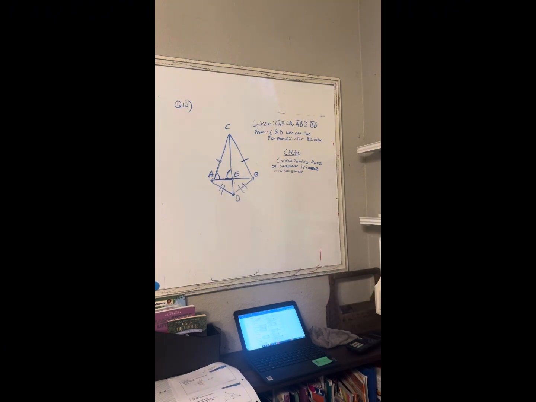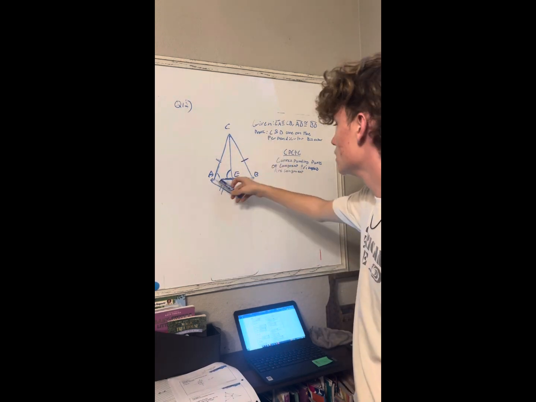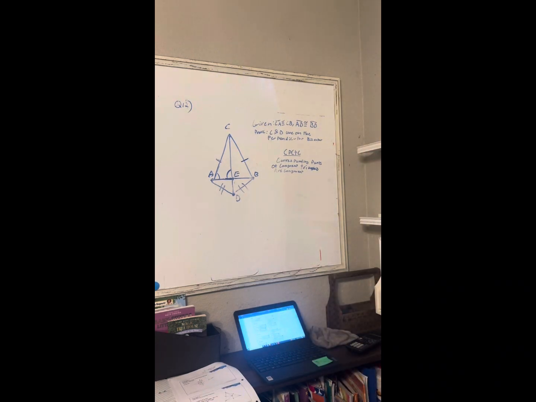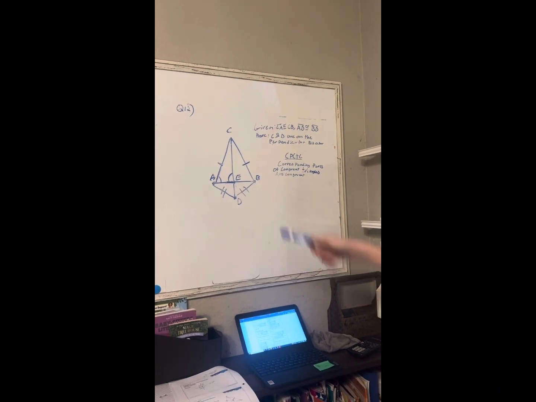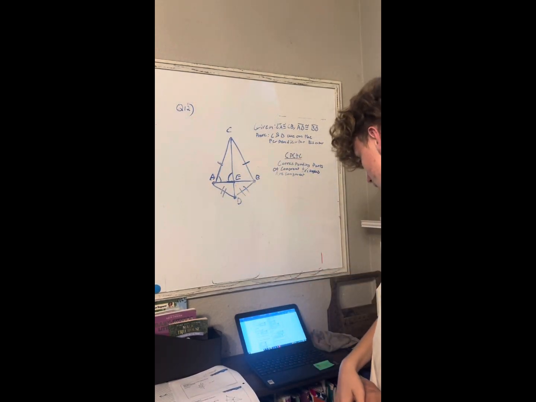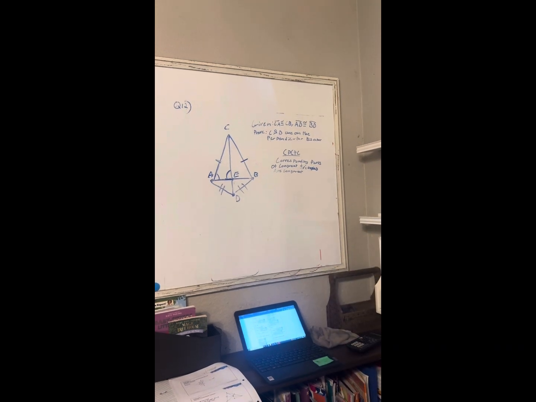What that is saying is that D on this one equals D, C on this one equals C, A equals B, because they're corresponding. So CE equals CE on both of the triangles, and that is the reflexive property of congruence: CE equals CE.